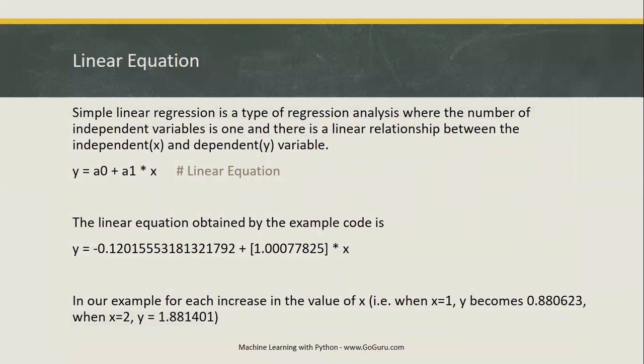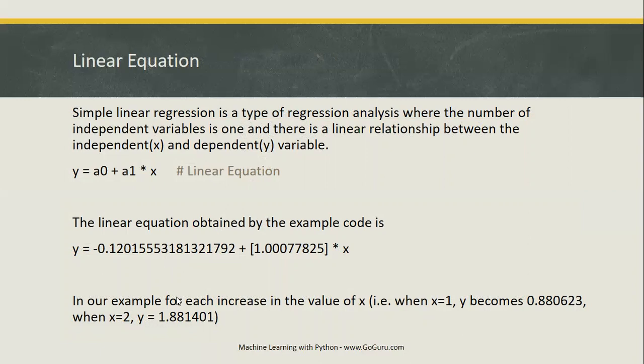As I mentioned, this is again the equation, which is y is equal to a0 plus a1 times x, which is our xi values. And with the values that we obtained here, this is how our equation forms up.